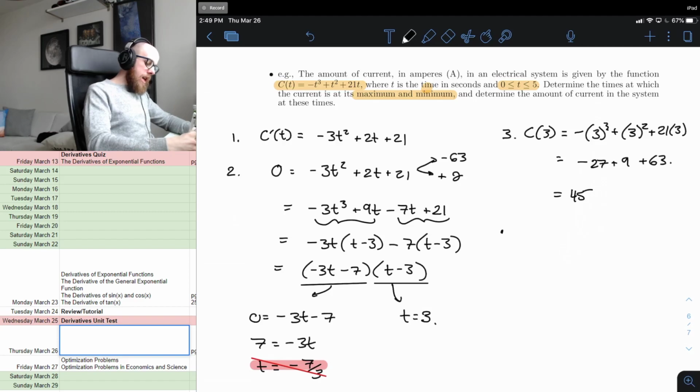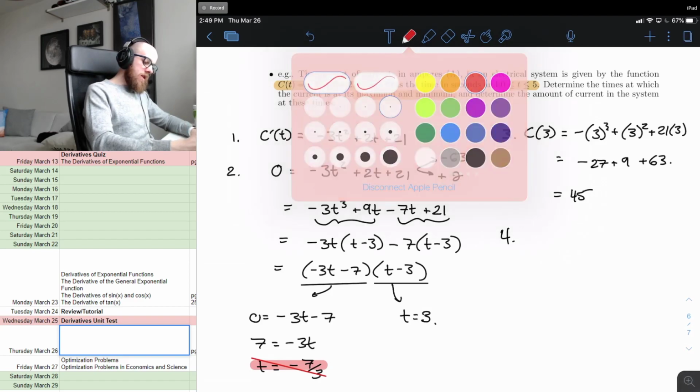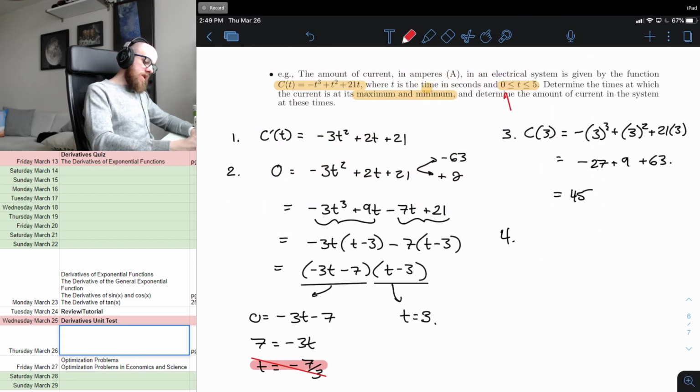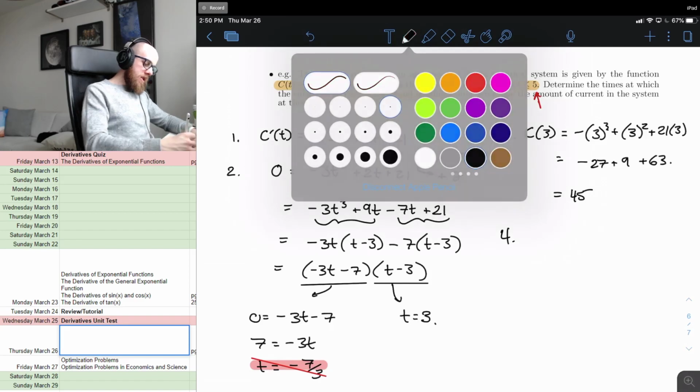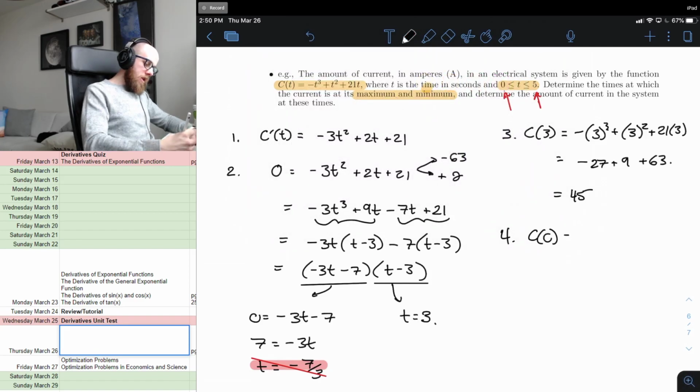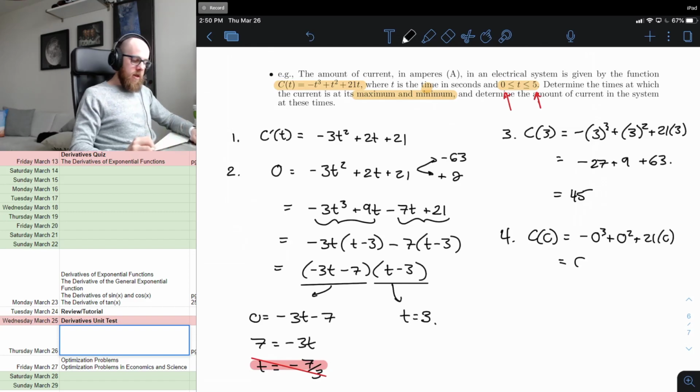Step 4, I need to evaluate my function at the two endpoints here. Okay, so I need to figure out what c at 0 and c at 5 is. So c at 0, if I plug in 0 into my function, I just get negative 0 cubed plus 0 squared plus 21 times 0, so that whole thing is just 0.